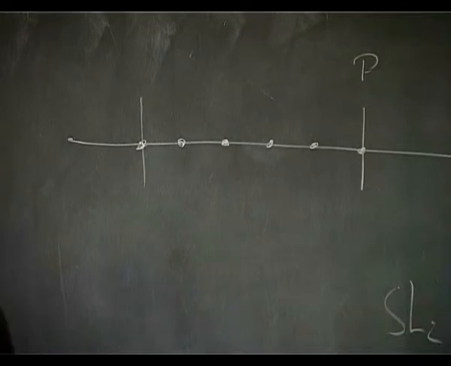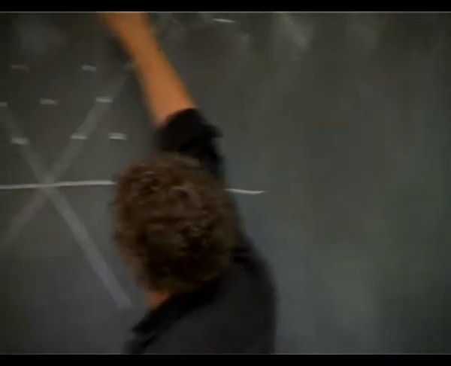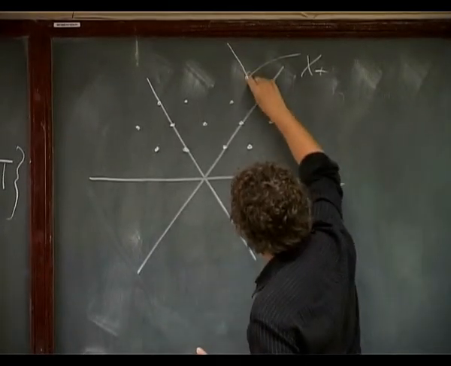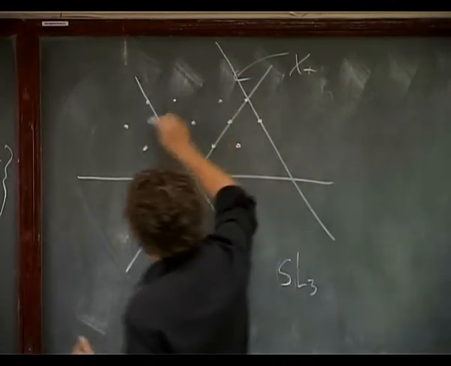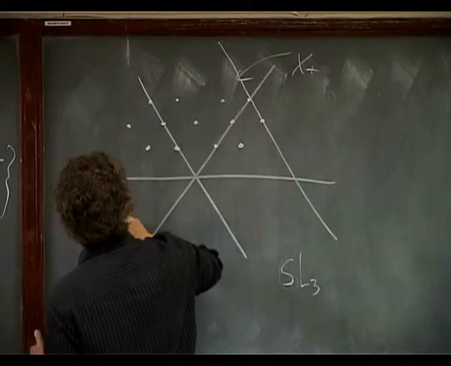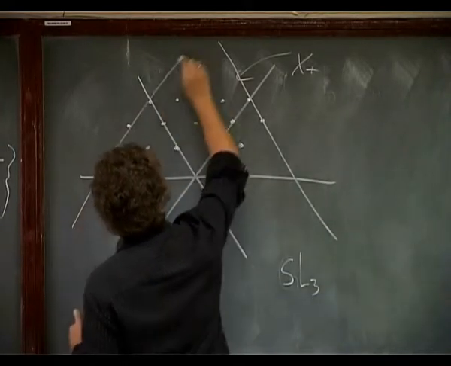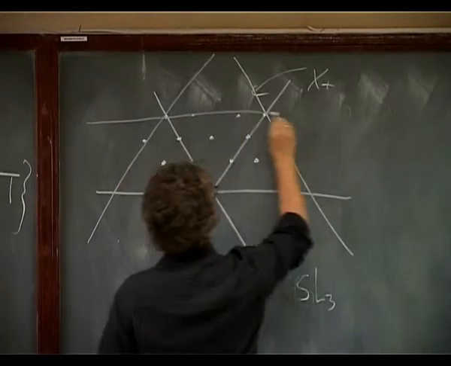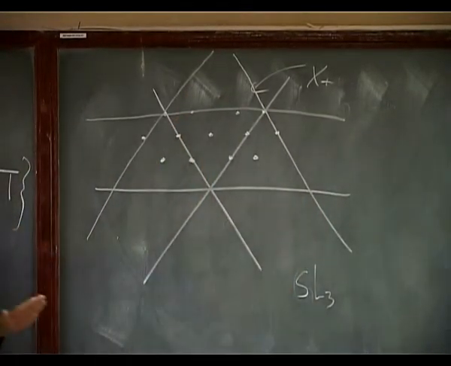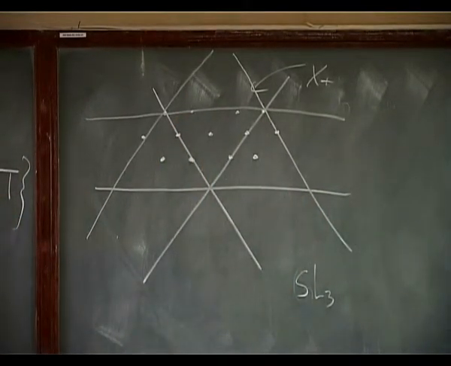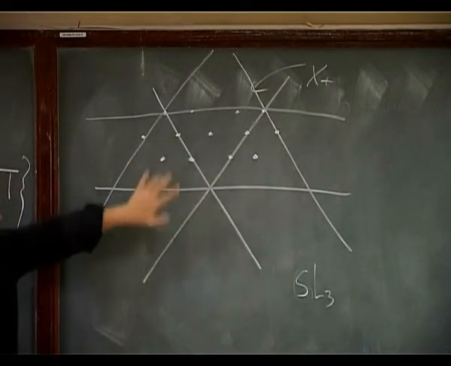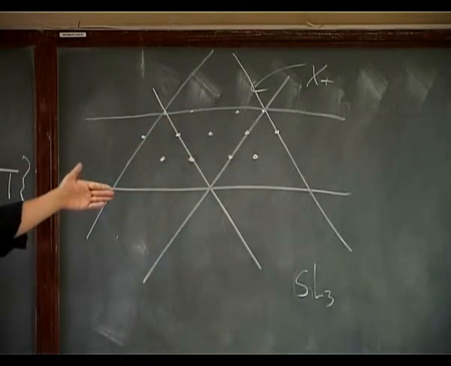So this suggests that something happens once you translate these hyperplanes by p, in the corresponding SL2 direction, and the reflection group in this affine setting is the affine Weyl group.